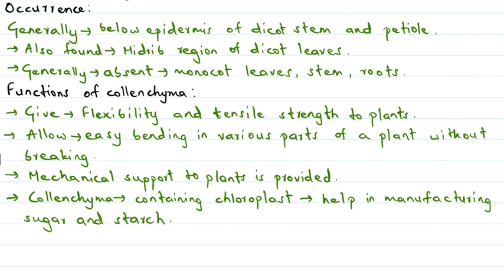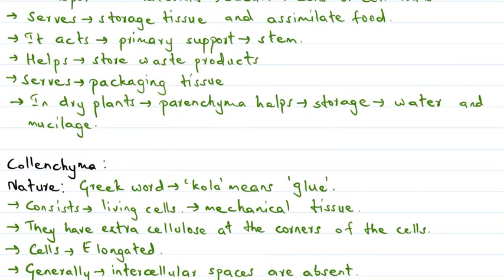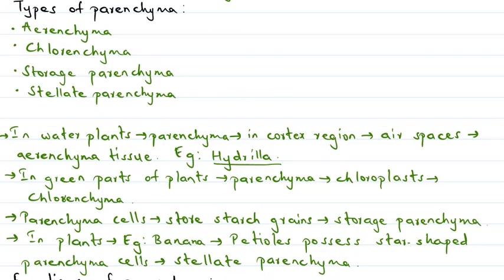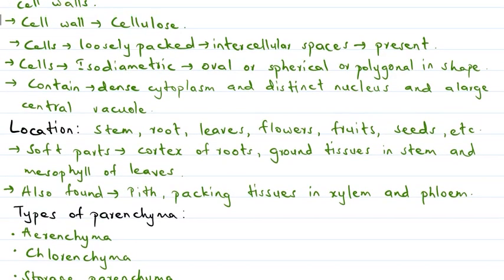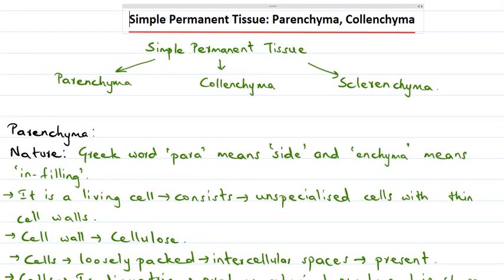Now let's quickly revise everything that we have studied today. So today we discussed parenchyma and collenchyma tissues, which are types of simple permanent tissues, and we have discussed these tissues in detail.